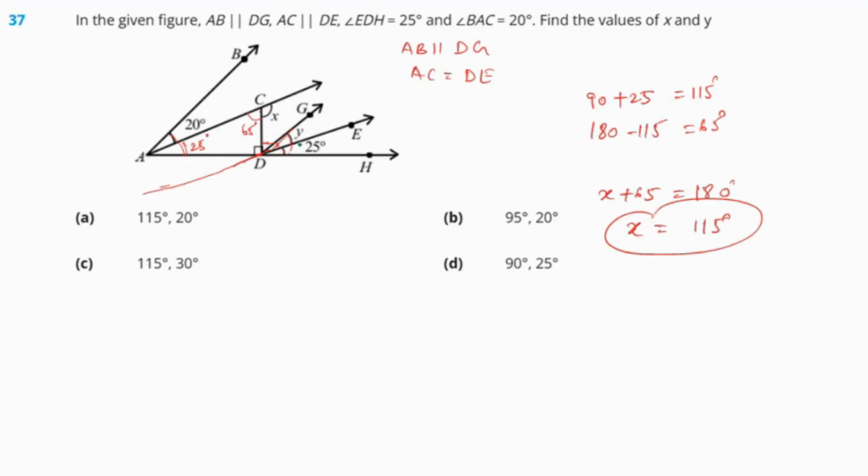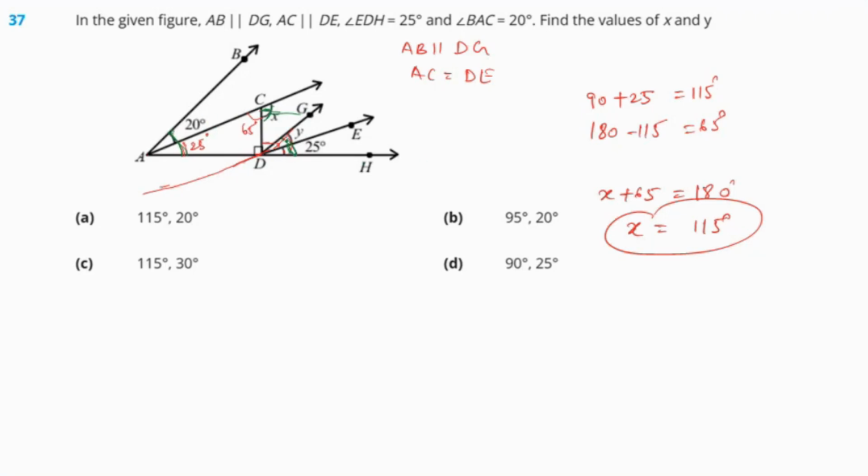Now we need to figure out the value of Y. This is 115 degrees. This entire angle should equal this entire angle. So this entire angle is 20 plus 25, which is 45.